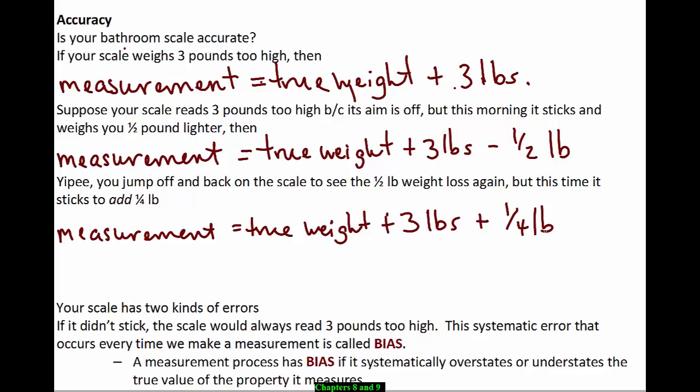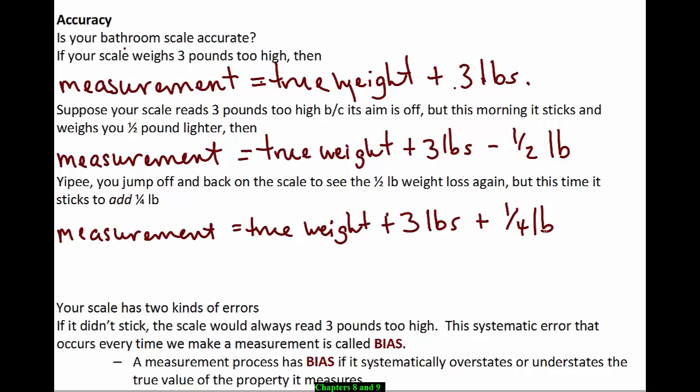The first one is called bias. This is that third time in the semester that we told you the word bias would come up. Again, it means the same thing, off in the same direction every time. This scale is biased by adding 3 pounds to every measurement. This is a systematic error that occurs every time.